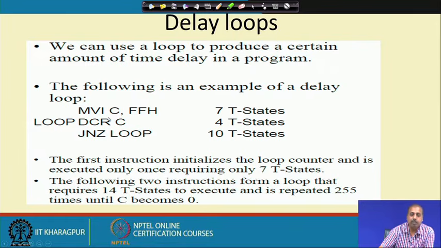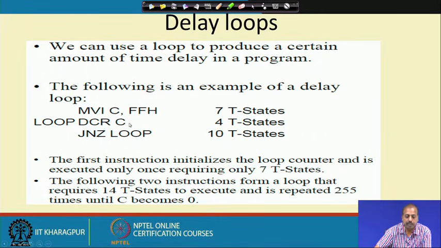Now, if we are writing a loop like this: MVI C, FFH; DCR C; and JNZ loop, what is the delay that is produced? First, the loop initiation is the MVI instruction that requires 7 clock cycles.